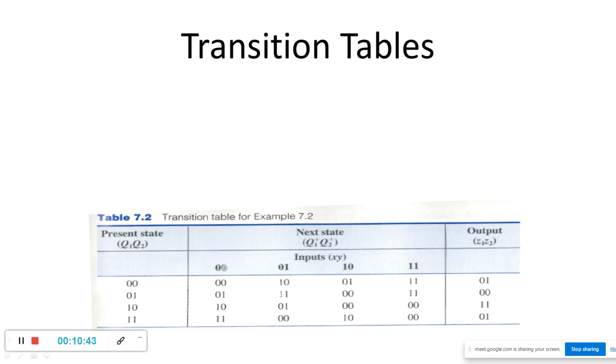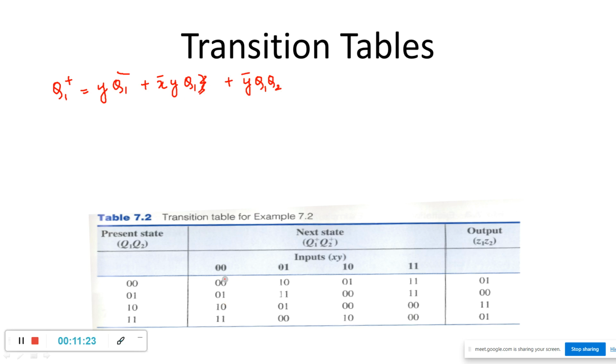Input is 0 0, and q1 q2 is 0 0. So substitute in the q1 plus expression. What is q1 plus equal to? q1 plus is equal to y q1 bar plus x bar y q1 plus y bar q1 q2.